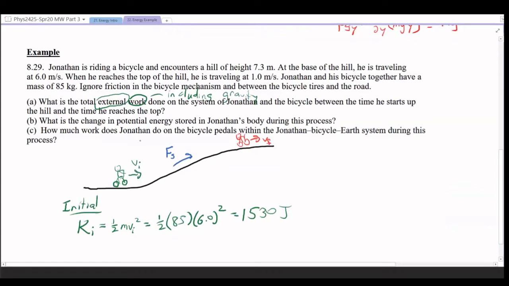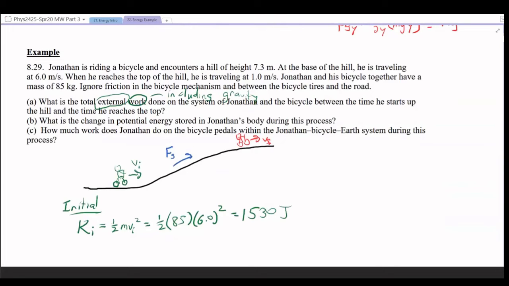So gravity is not stored in an object. Gravity energy is actually stored in the universe's gravitational field. So that doesn't count as part of our system. If you consider the Jonathan bicycle Earth system, then you might think of the gravity between Jonathan and the Earth as being part of that. But technically, the gravity is not part of just our person.